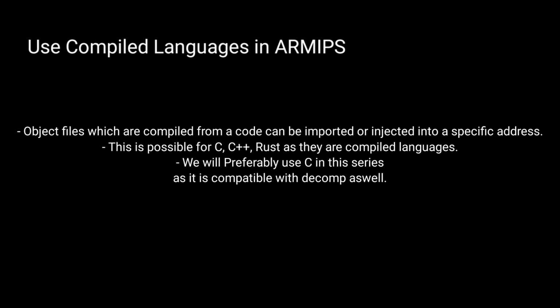Preferably, we will use C in this series, as it is compatible with decomp as well. More on this when we start using SM64 injection template, which again will be in the description. And as I said, here's a practical demonstration of ARMIPS.